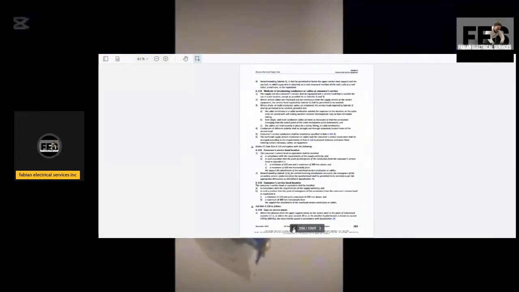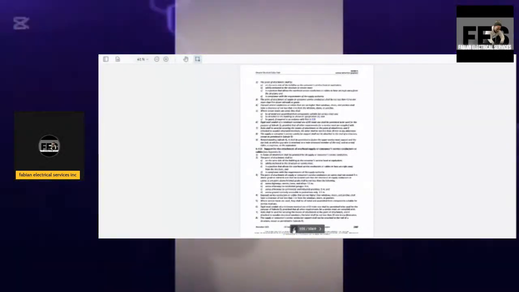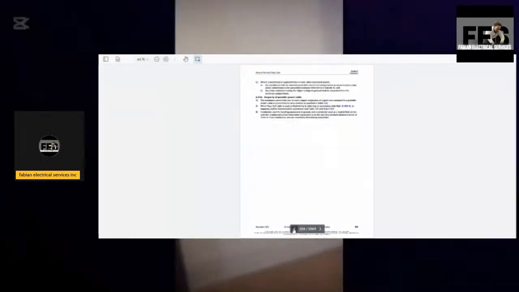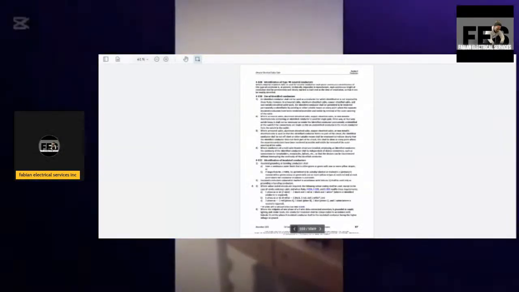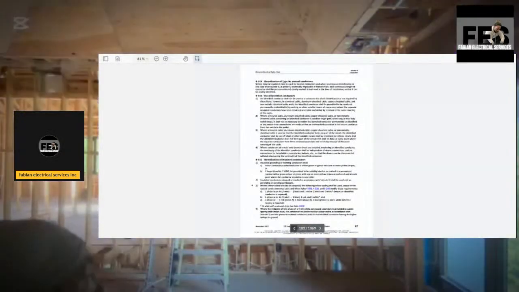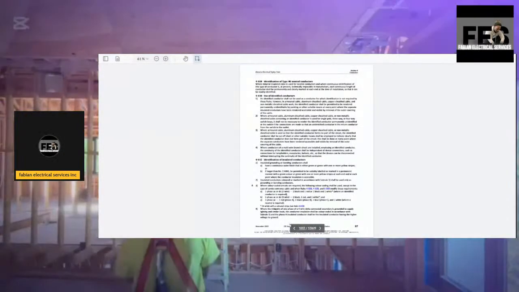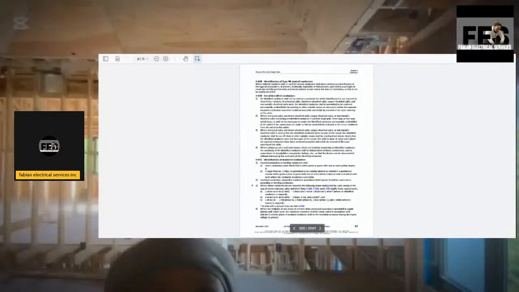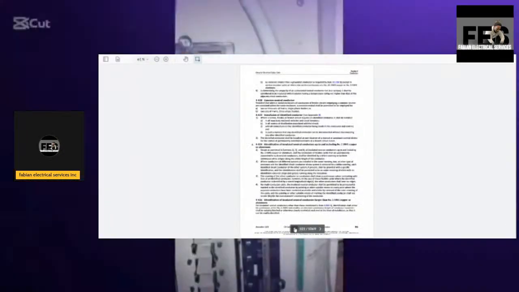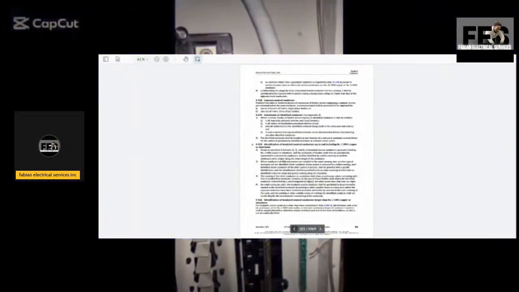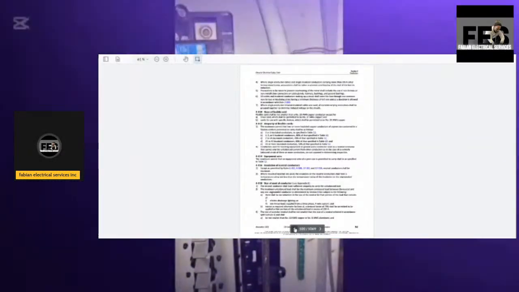I'm actually trying to land on the actual rule with the identification. Okay, so here we go. Let's see if this is the identification. Okay, let's go one step back here and see what this has here. Okay, so let's go all the way back.